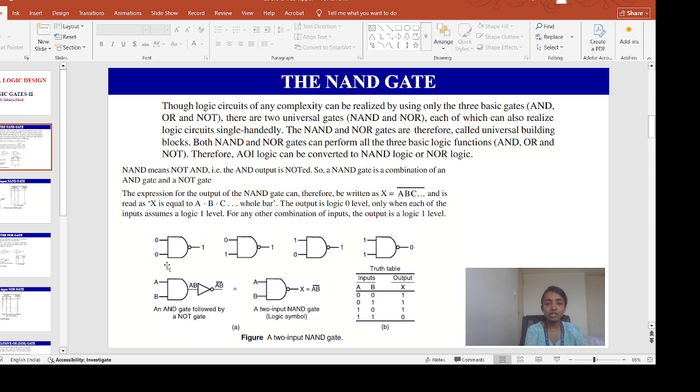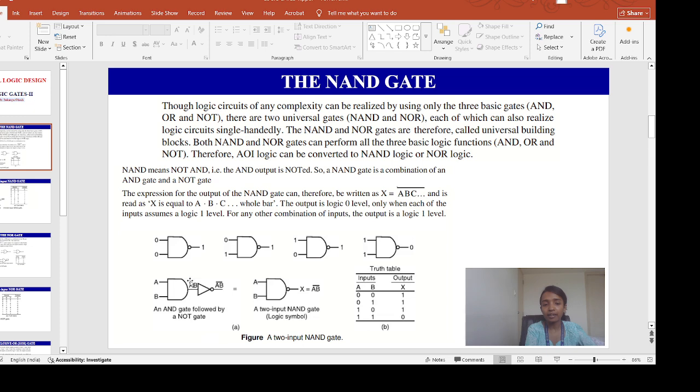So, this is the logic symbol of your NAND gate. These are the logic symbols of your NAND gate. Different input combinations have been applied. Now, NAND gate means not AND. So, you can also express a NAND gate as a two input AND gate, and now we have to invert it, right?